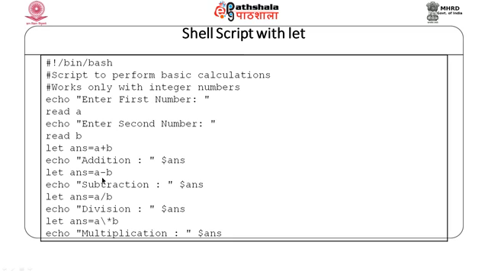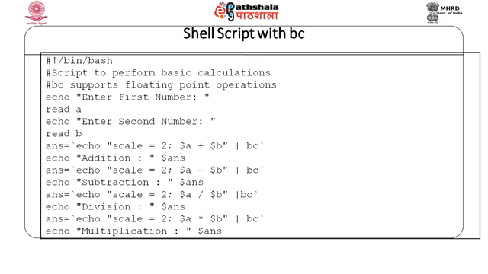The main difference is that with the expr command, we were assigning the output to the third variable ANS using grave accent. Over here there is no need to use grave accent, that is command substitution. We simply perform the operation and store the values in the ANS variable. Again, you can see there is no need for the $ sign while using these variables a and b.